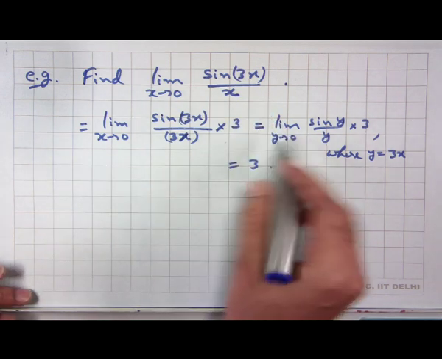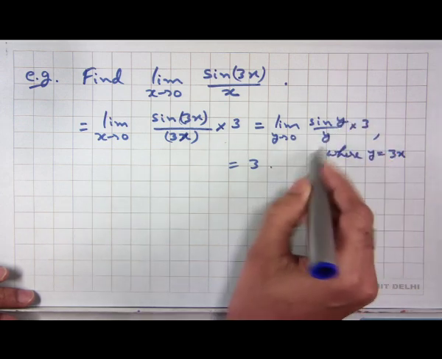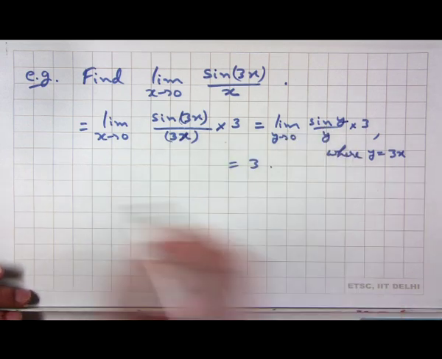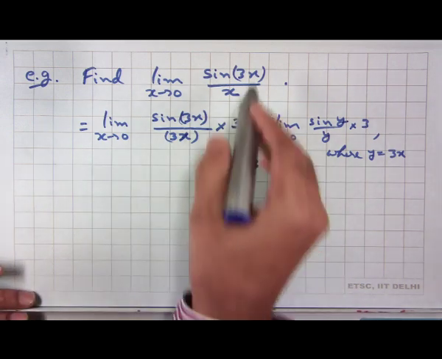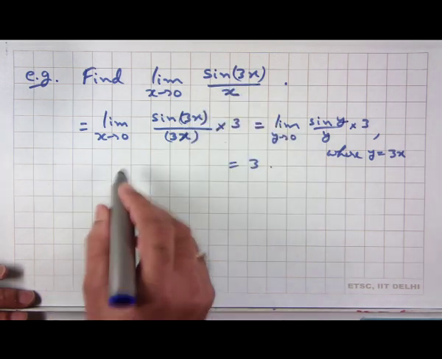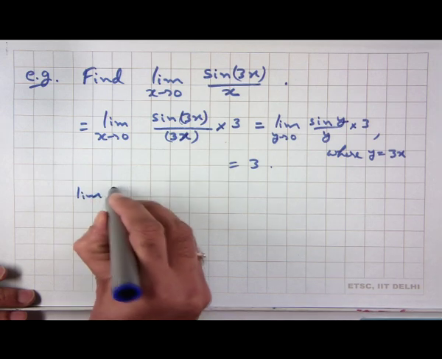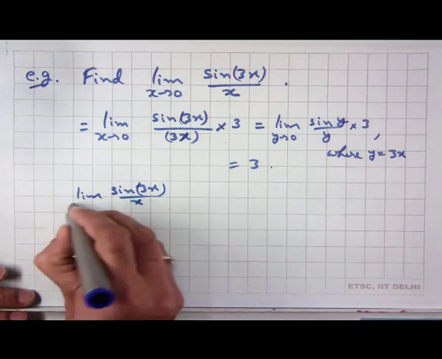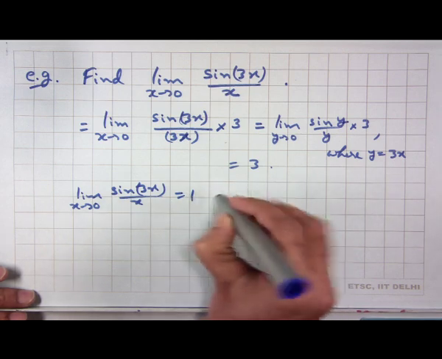So it is a good idea to change it into another variable y and then use the formula for sin y by y. At least in the beginning you should do it like this to avoid the mistake that the limit of sin 3x by x as x goes to 0 is equal to 1. This is wrong.